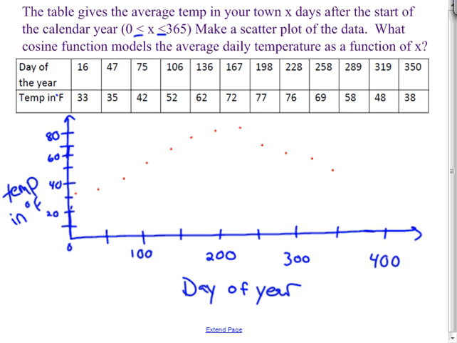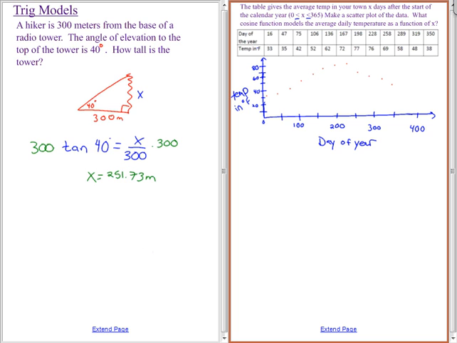So if I were to connect those dots, I could then keep going after day 350, go out to 365, which is really kind of back to day 0. And I can keep going with this pattern. It's going to definitely continue to repeat. So now I have to figure out all of my information. So yes, this is a trig picture.